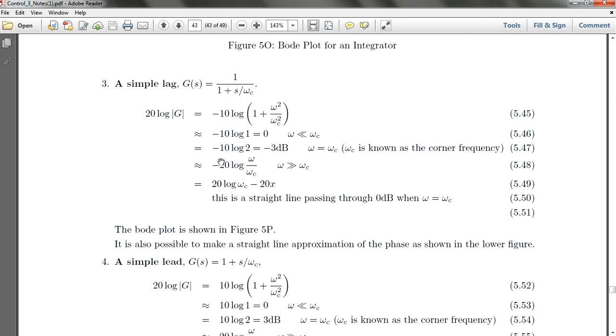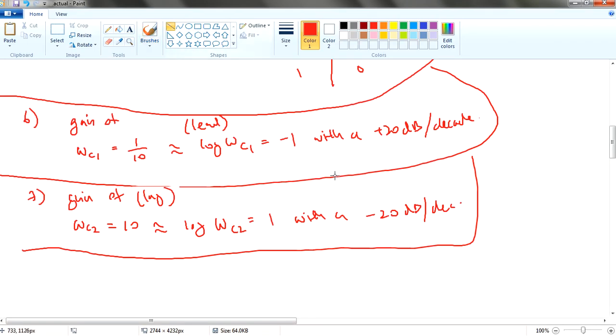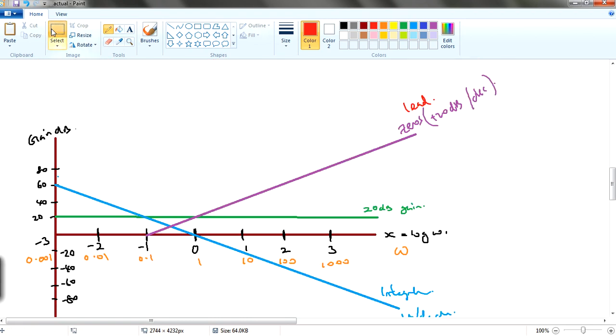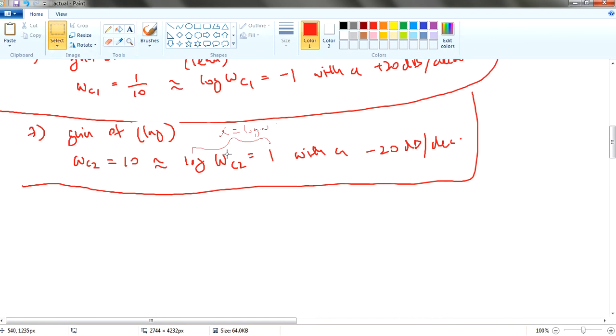So 20, this is the simple lead. We're talking about the lag now, so lag has a minus 20. It always has a slope of minus 20 linearly down. Currently this is the point, this is x, where x is equal to log omega. So we are plotting on the coordinate system x equals log omega, which is why I do this in order to plot.